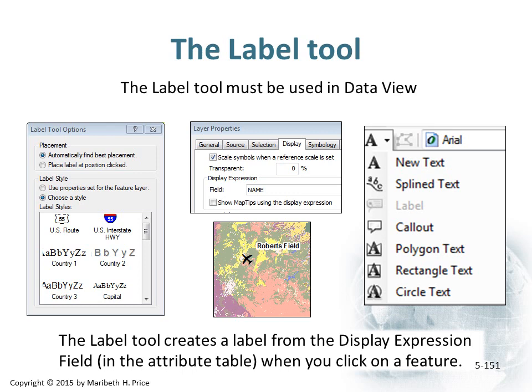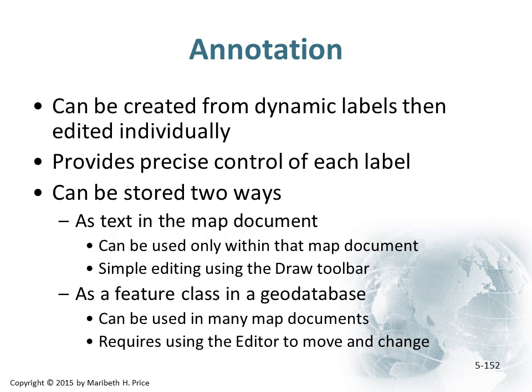You have to use it when you're in the data view. And there's annotation. Annotations are created from dynamic labels, and then they're edited individually. The basic concept of annotation is you turn on your labels, you set them up, and you then convert them from a dynamic label to an annotation. This disassociates them from the data that you had previously, so now instead of being a label for each polygon, it's simply free-floating text that is associated with that spatial area of that polygon.